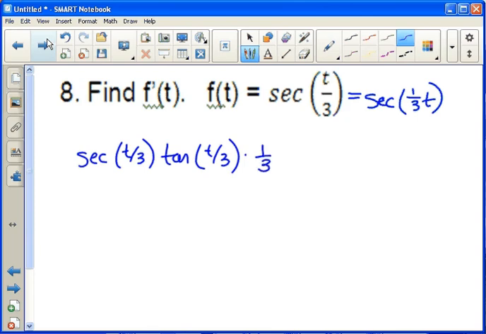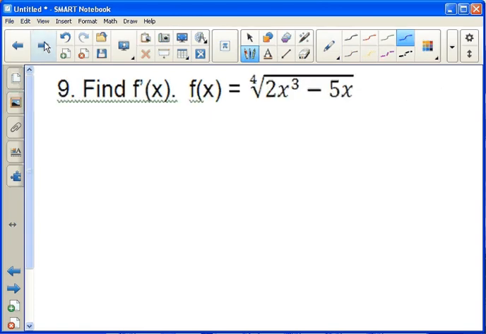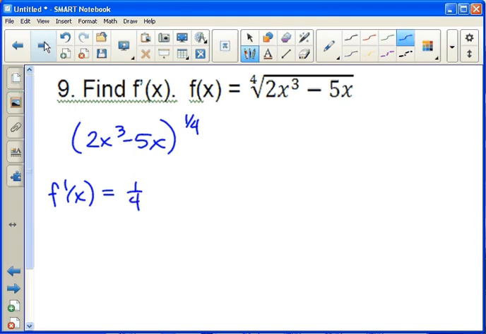Number 9, we need to rewrite this equation as 2x cubed minus 5x raised to the 1/4 power. So for the derivative, we multiply by the 1/4 because we're taking the derivative of the outside, which is the 1/4 function. Subtract 1 from the exponent, then multiply by the derivative of the inside.